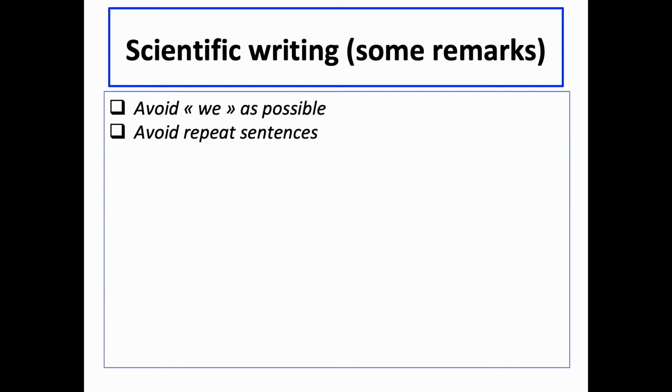You should also avoid repeated sentences. It's not good to say the size of ORF1 is 250 amino acids, the size of ORF2 is 150 amino acids, the size of... avoid those kinds of repeated sentences.